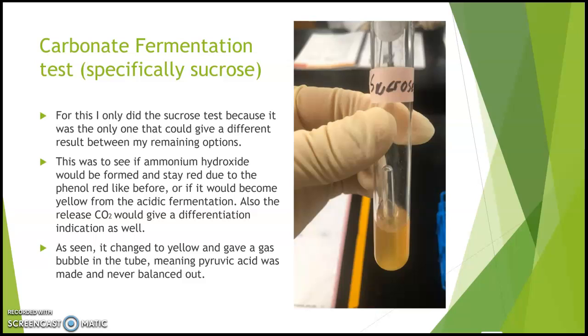Also, the development and releasing of carbon dioxide would give a differentiating indication as well. Seen here, it changed to a yellow and gave a gas, which means pyruvic acid was made and it was never balanced out.